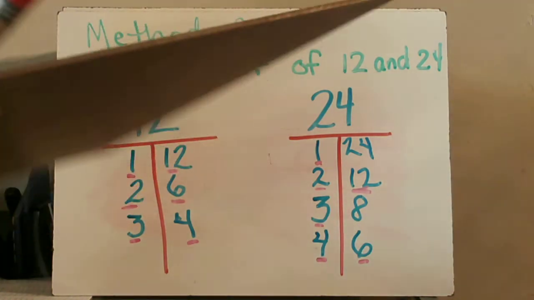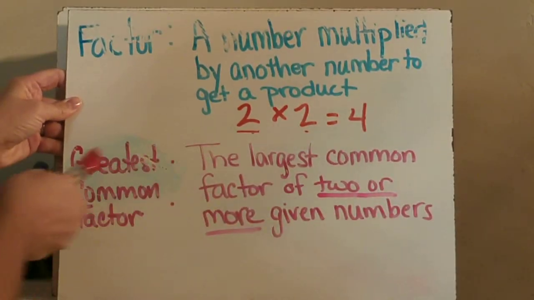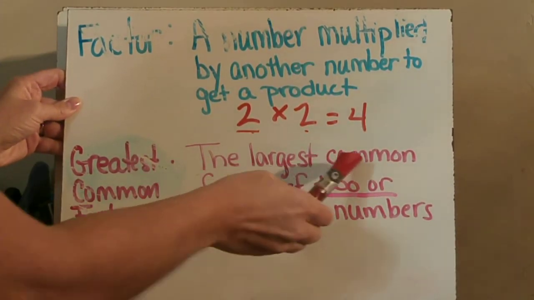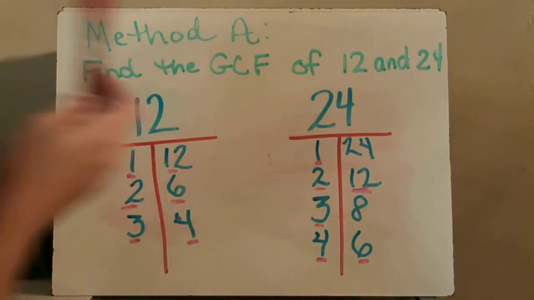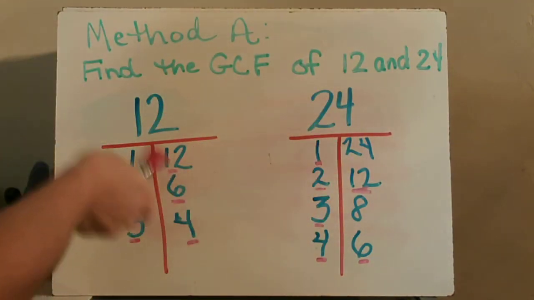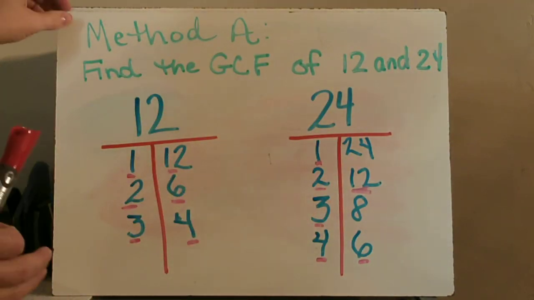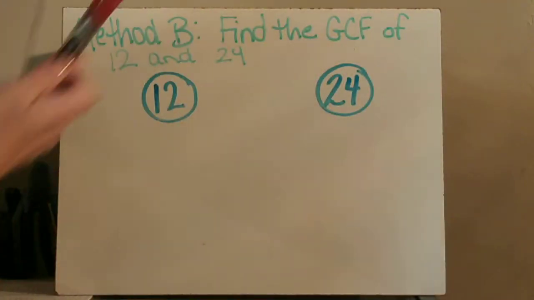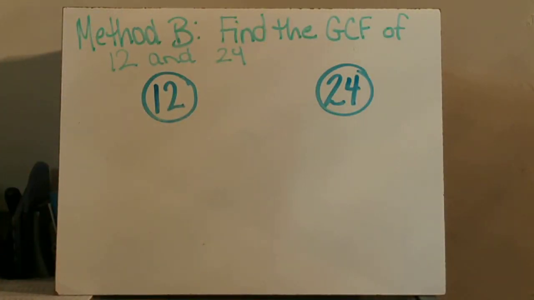So if we look back at our definition, the greatest common factor, the largest common factor. And of 12 and 24, the largest common factor is 12. Okay? Now, method B. Using a factor tree, we're going to find the GCF of 12 and 24.